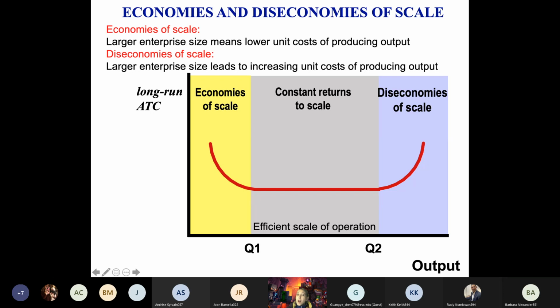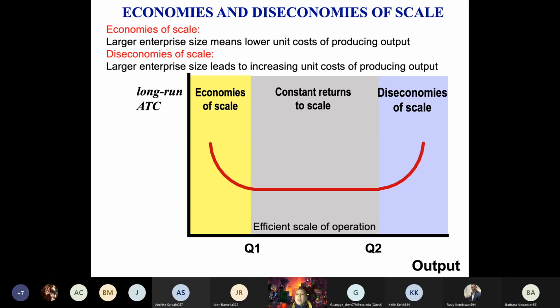But as it continues to grow, it may well hit the range of output where it can double in size, but it is no longer able to take advantage of any economies of scale because they cease to exist.